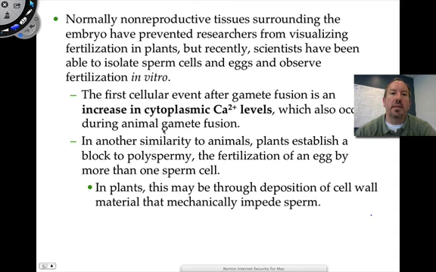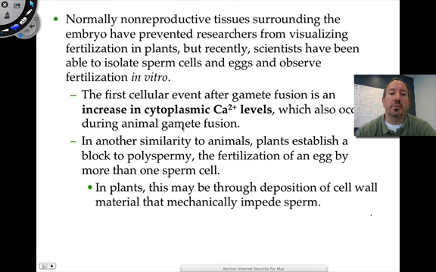And then finally, what's kind of fascinating is that you think we understood everything about fertilization, but it wasn't until recently that we've been able to really isolate these small structures in a test tube, under a petri dish, under the microscope, and we're able to study that it turns out that there's an increase in cytoplasmic calcium following fertilization.